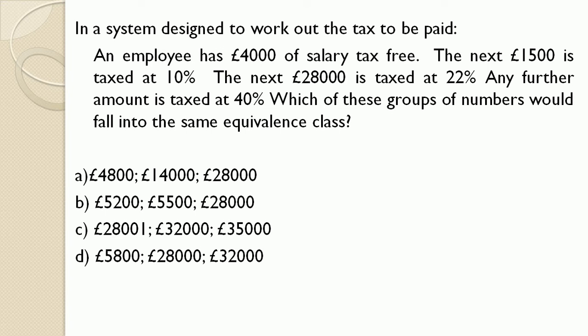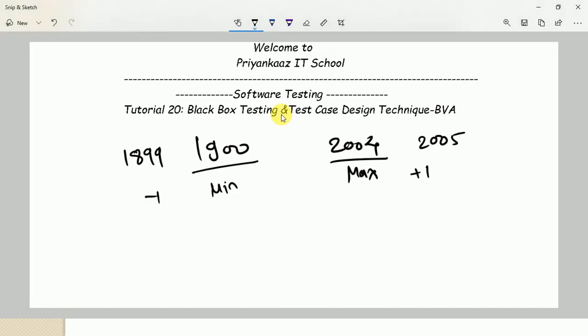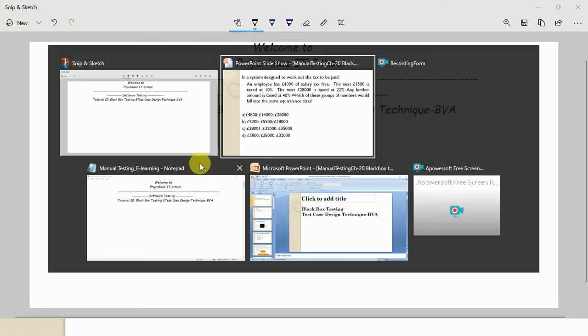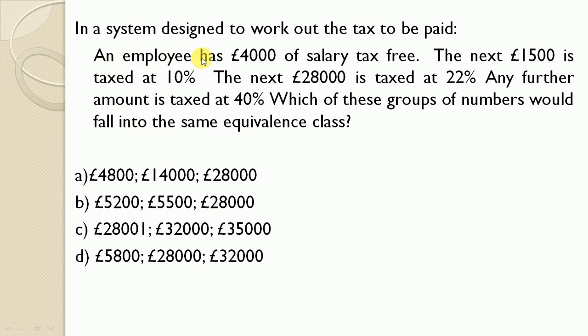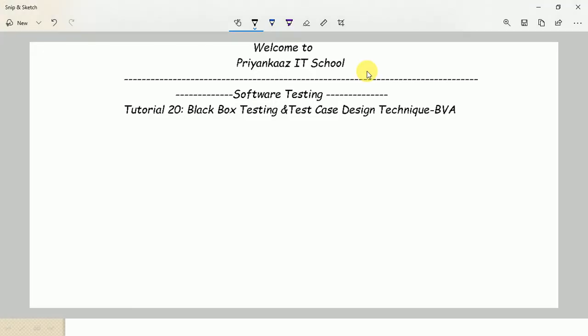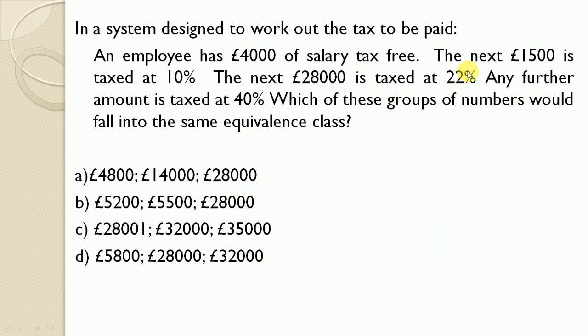First of all, how you can start in a simple manner, guys. Now this is the range. An employee has $4,000 of salary tax free. Let's start with the 4,000 first. So this is the first range we are getting. What is the second? The next 1,500 is taxed at 10%.